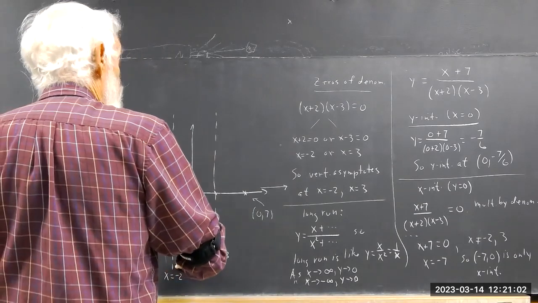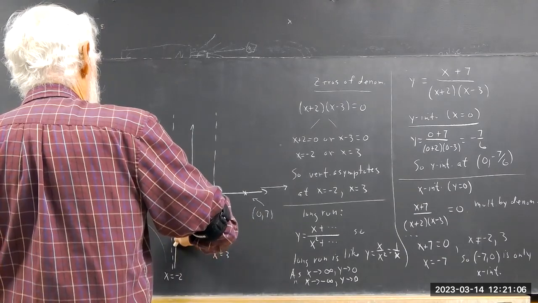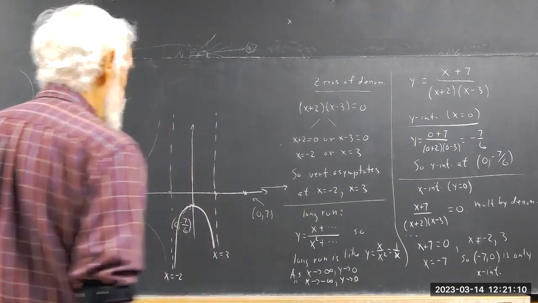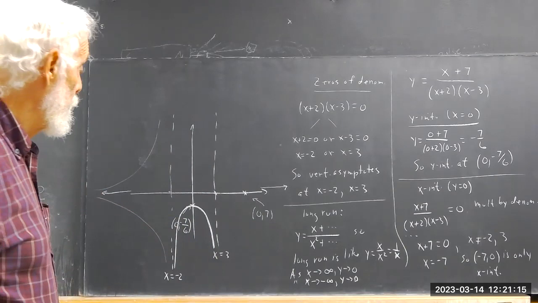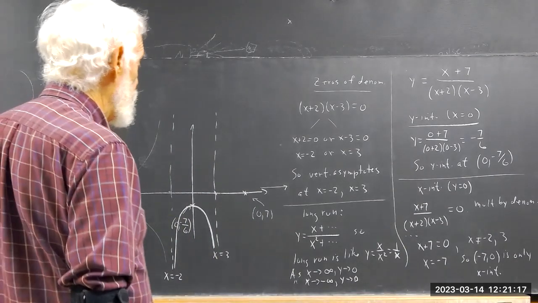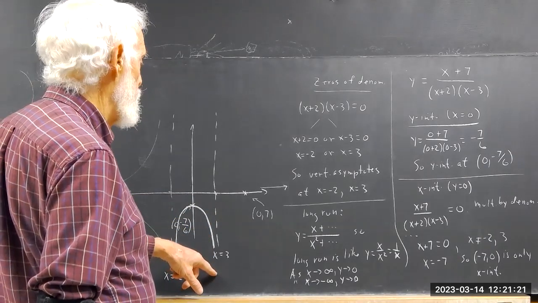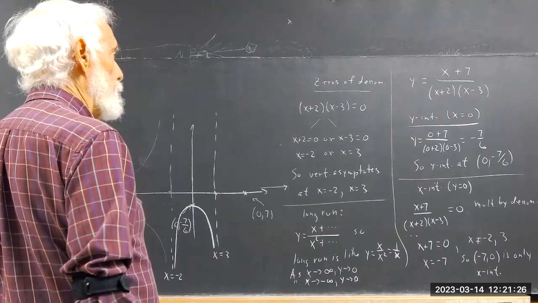So it's got to be. Okay. Going to come up through this point, and then back down. There's an asymptote here and here. Okay, now, if x is bigger than 3. Oh, boy.